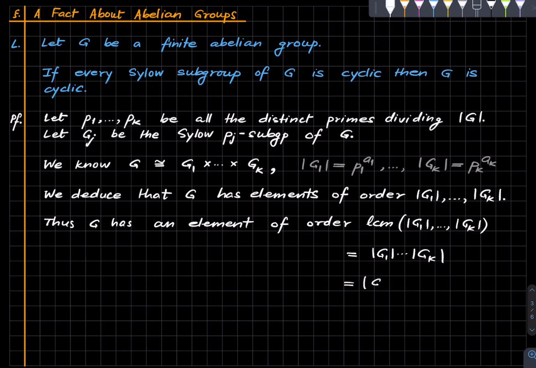That is the cardinality of the product, which is nothing but the cardinality of G, because G is isomorphic to the product. So ultimately we see that G has an element of the order of G. G has an element of the size of G, and hence G is cyclic. Thus G is cyclic.